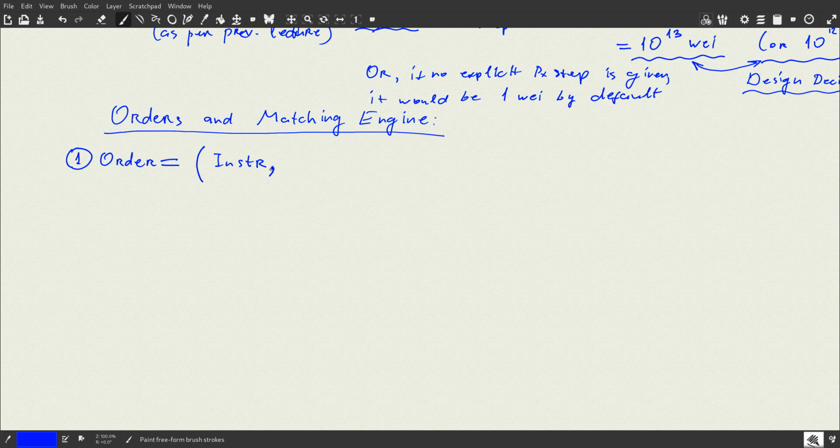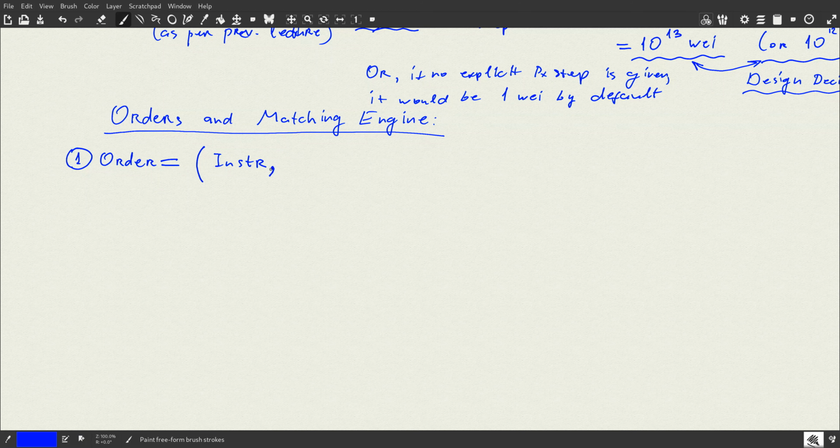In general, if we have separate smart contracts for different instruments, then it is not even necessary to specify the instrument in the order, because if you forward an order to a particular matching engine, to a particular smart contract, then basically an order would mean invocation of the corresponding method, and you already know what kind of instrument you are dealing with.